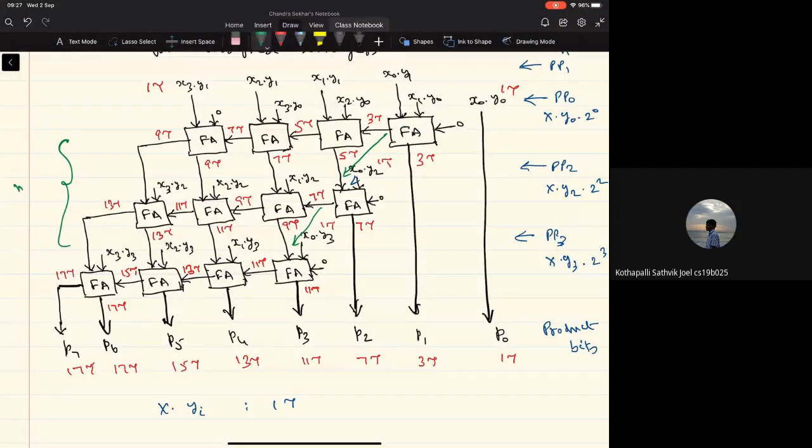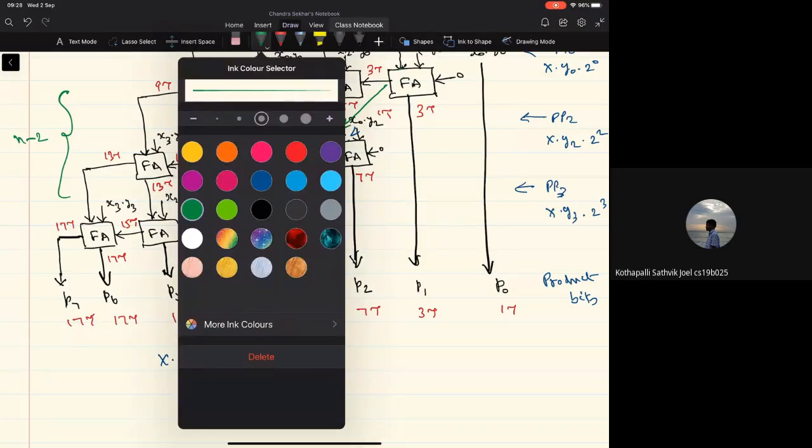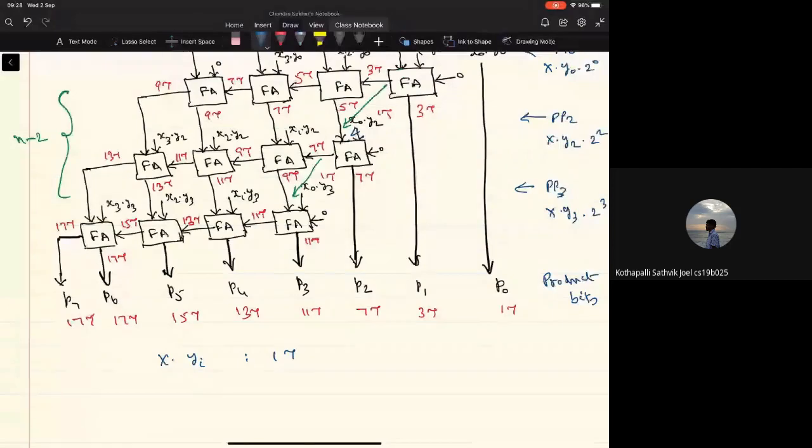For the effect of the carry to go from one level to the next level, it takes 2 tau. Yes, it's n minus 2 levels.